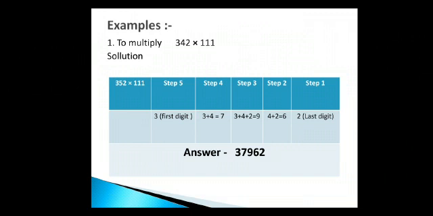Step 3, we will add the last 3 digits, that is 3 plus 4 plus 2 is equal to 9. In step 4, 2 digits, 3 plus 4. So the sum of 3 plus 4 is equal to 7. And the step 5, 3 is the first digit. So the answer is 37962.